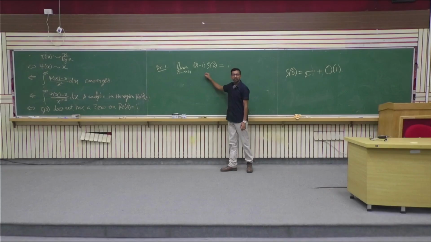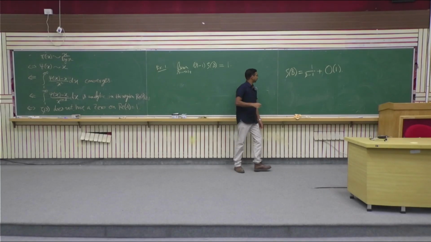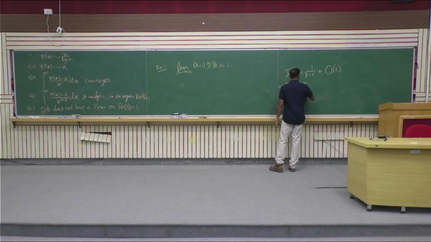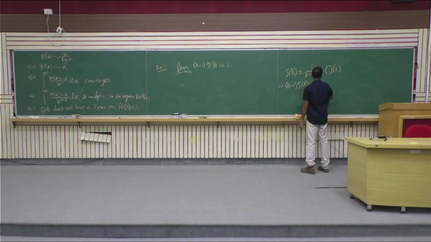Now, if you multiply this with s minus 1, then (s minus 1) times zeta(s) is equal to 1 plus big O of (s minus 1).